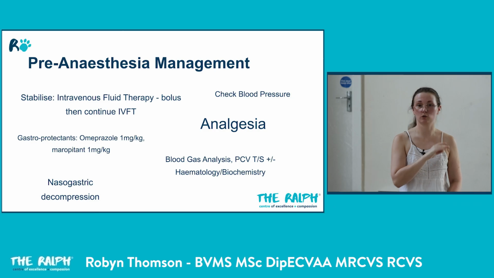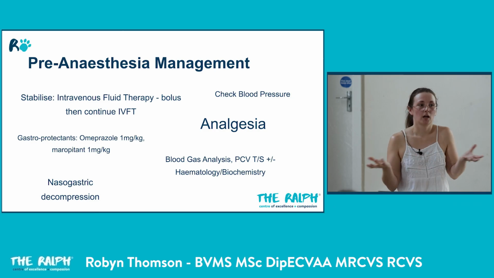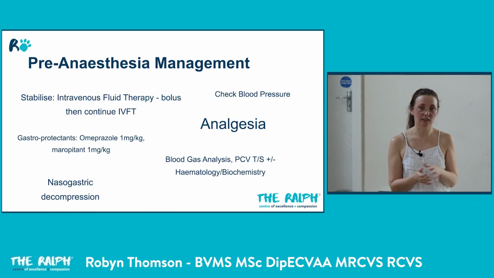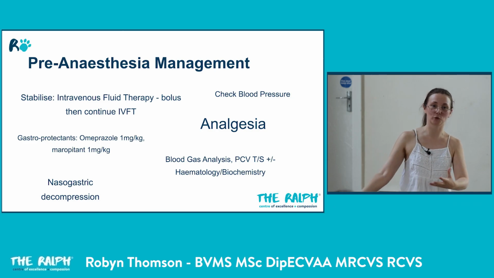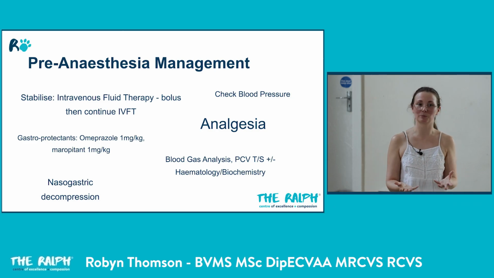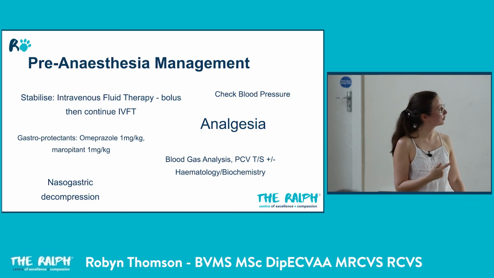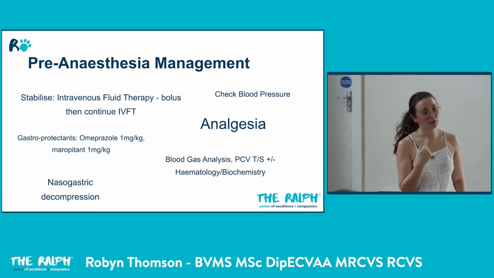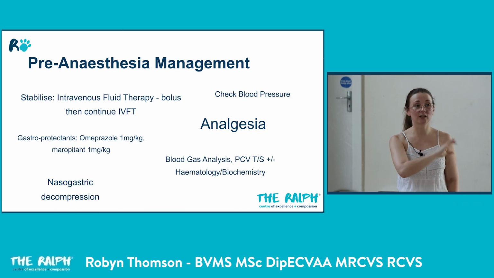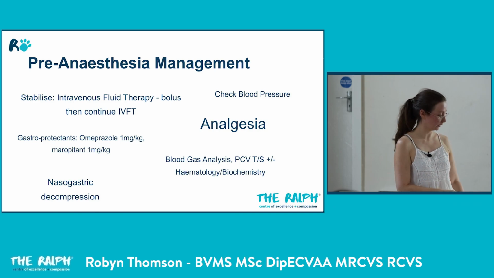If you don't have it, don't worry about it, because at the end of the day, if they're transfusion naive, you are going to end up giving them whatever you have in your supply and not worry too much about it. Fab. So, analgesia, gastroprotectants, blood gas analysis, and if you can, use a decompression. So these are the things that I would be doing for this patient before I try and anaesthetize them.